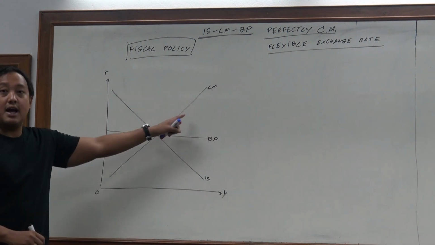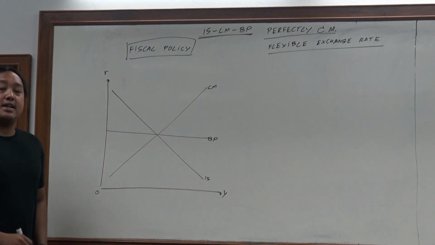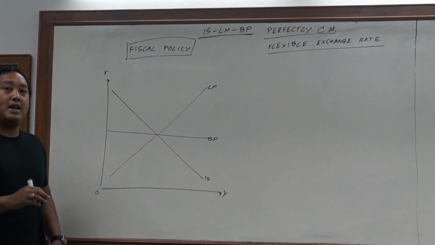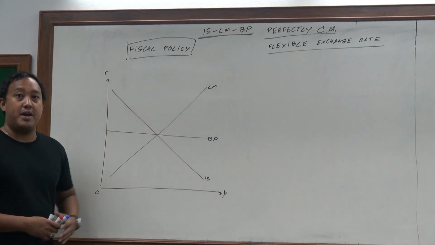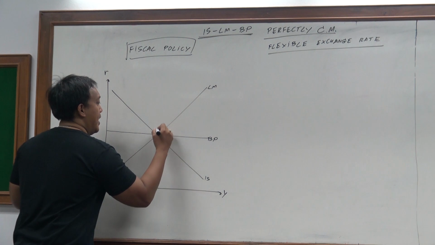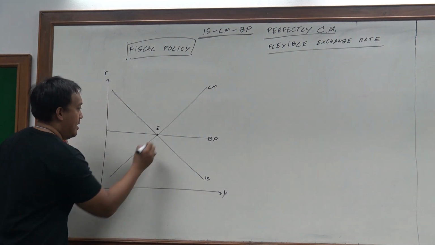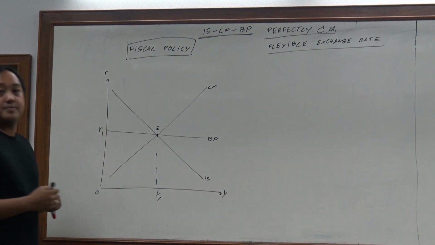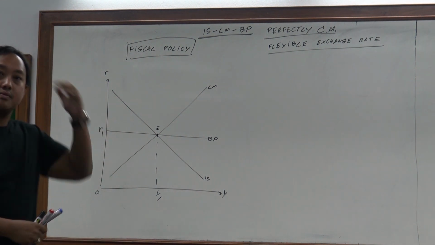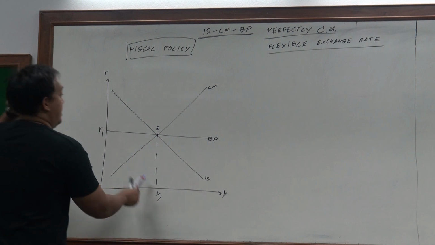IS, LM, and BP. This is a case of a perfectly capital mobility country, so you're going to have a horizontal curve for the BP. So you have the equilibrium point Y1, R1.